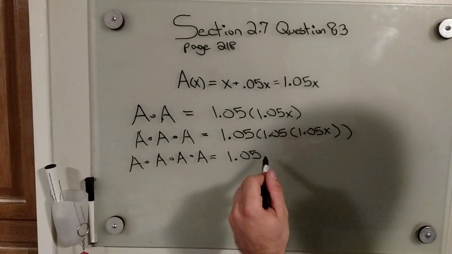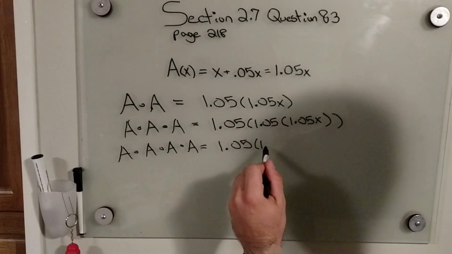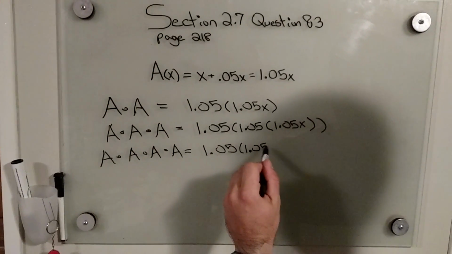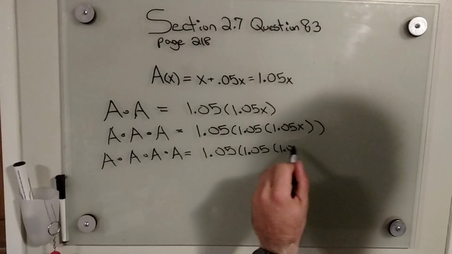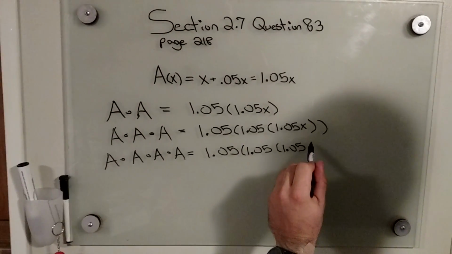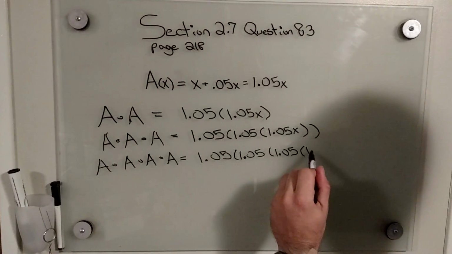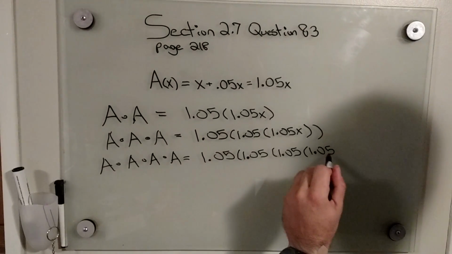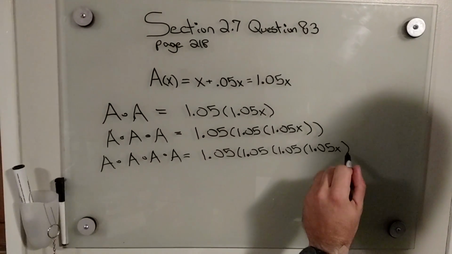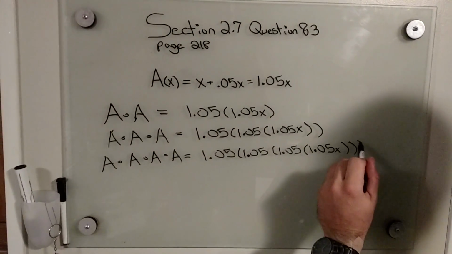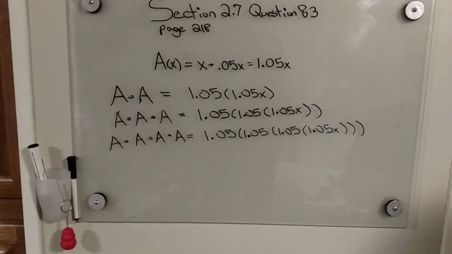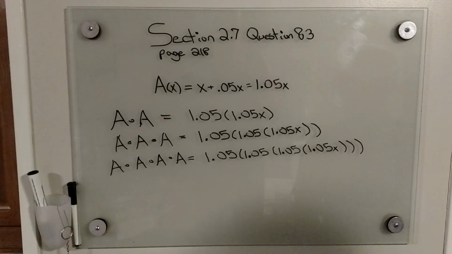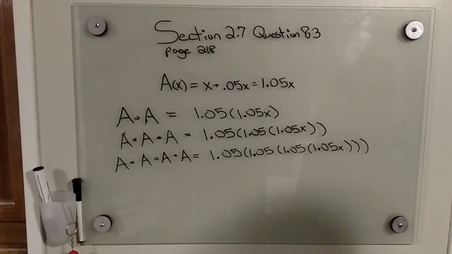It's the original function with x replaced by the next function, which that x is replaced by the next function, and that x is replaced by the final function. And we'll go ahead and close all our parentheses there. So that's what we have when we have A composed of A composed of A composed of A.